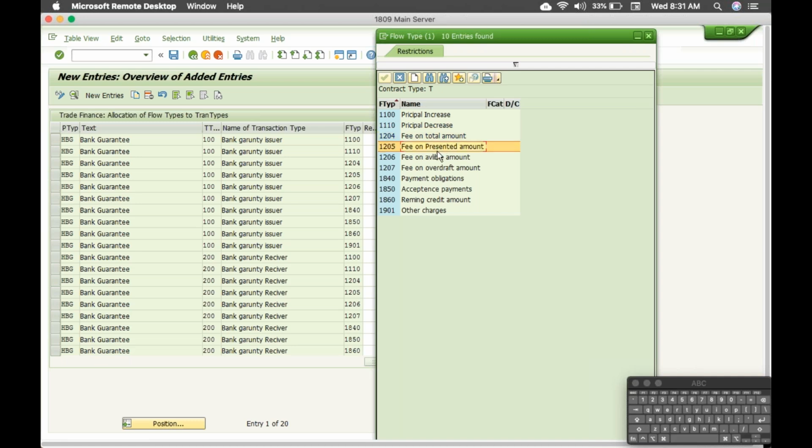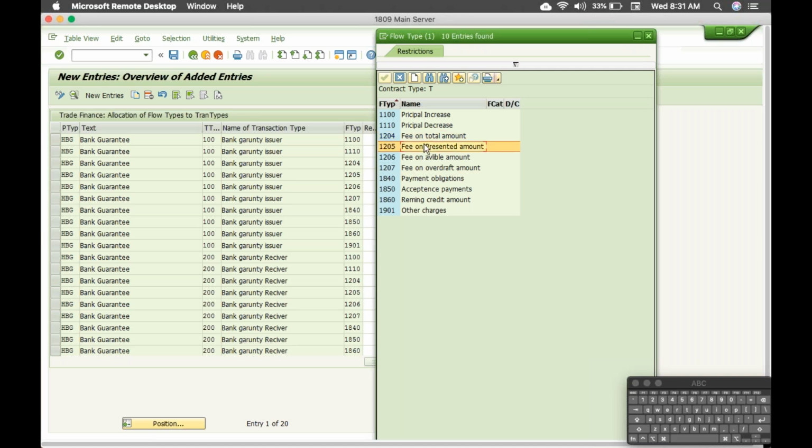Fees on presented amount, fees on available amount: neither this nor this. Fees on overdraft amount: whatever overdraft we are raising, based on that amount the fees will be chargeable. Why is there a fees on presented amount and all? These are all optional, not mandatory. If they are calculating fees on total amount, then they will charge like that.